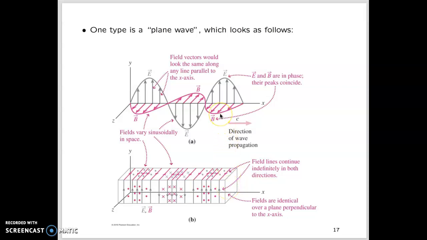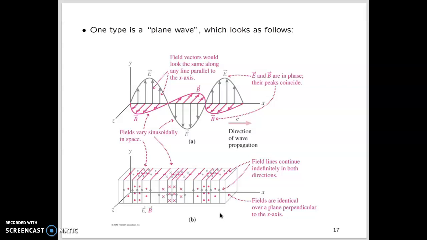The magnetic field will also be in phase with the magnetic field at every other point in that plane. Again, this is a little bit hard to visualize. Not too difficult to understand, but you really have to try to think in 3 dimensions.